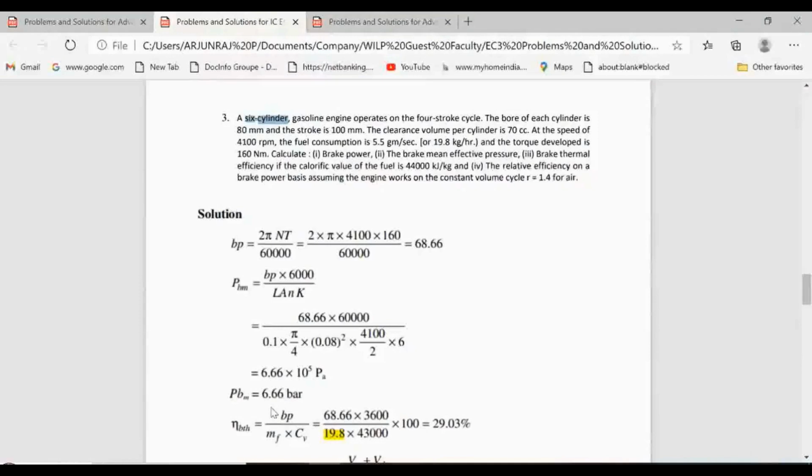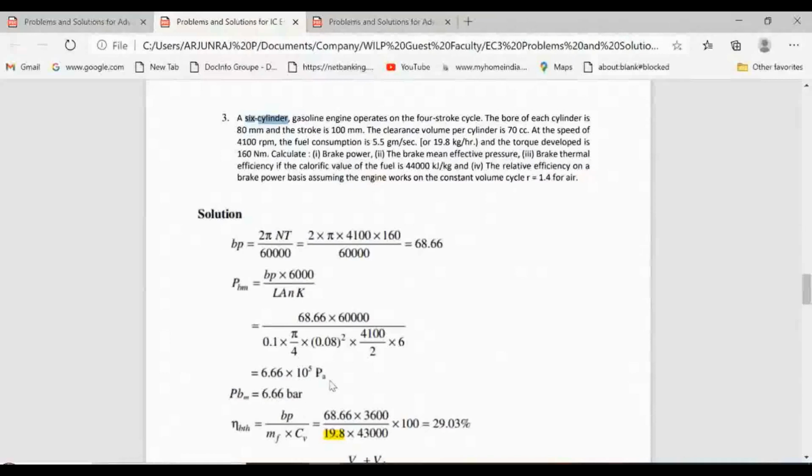The unit of the pressure can be kilopascal, Pascal, or megapascal. Irrespective of that, normally 1 bar is nothing but 10 power 5 Pascal.